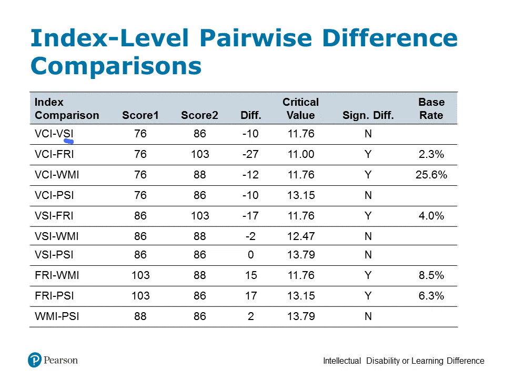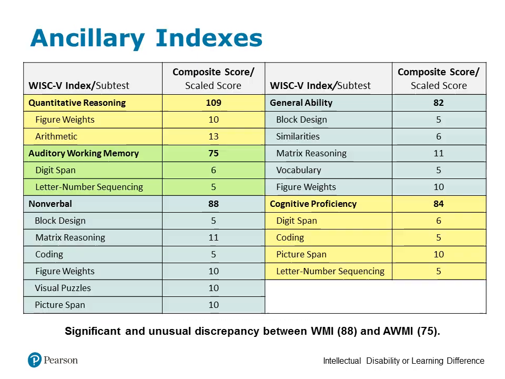So when you think about the visual spatial index, the working memory index, and the processing speed index, you're not thinking about unitary constructs. But really, I think the one that would be instructive for us would be the VCI to FRI comparison. And again, notice that the difference between the two is statistically and clinically significant, which again, when you think about a pattern of strengths and weaknesses, will tell you that verbal comprehension would be a relative weakness, fluid reasoning would be a relative strength.